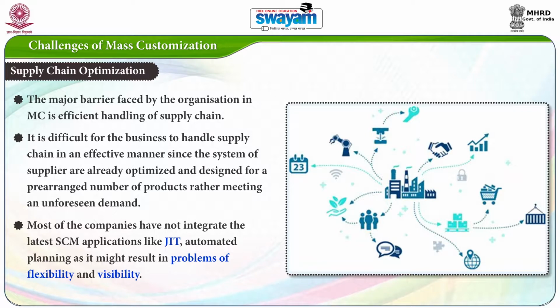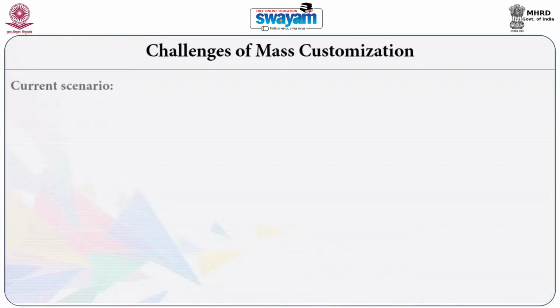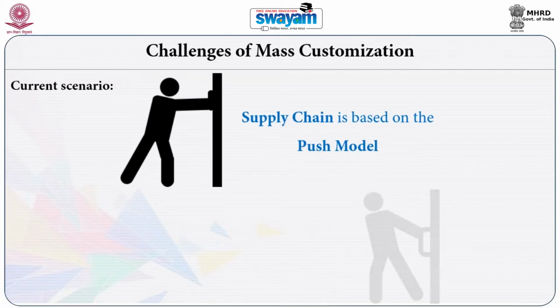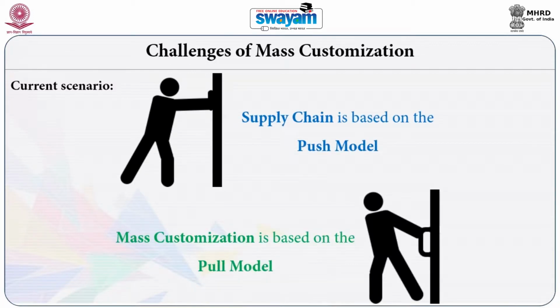Most of the companies have not integrated the latest supply chain management applications like JIT and automated planning, and it might result in problems of flexibility and visibility. In the current scenario, the supply chain is based on a push model, whereas mass customization is based on a pull model. So, it is very difficult for the business to manage.